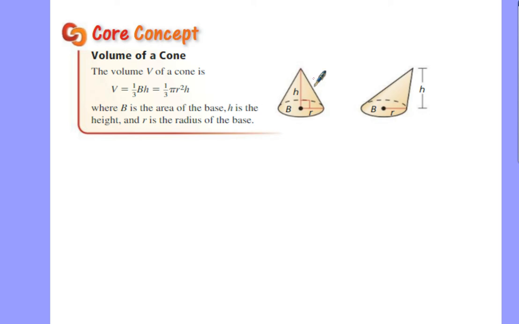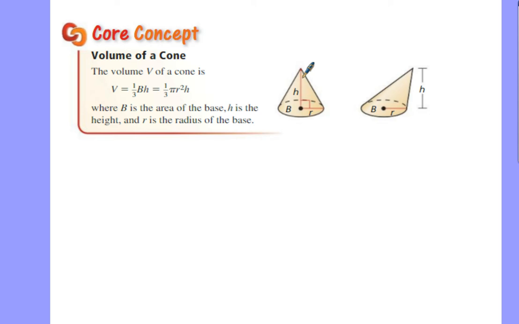So my question to you is, if I can resemble this cone in the same way I resembled my pyramid, I could take three of my cones to fill in what other solid that has the same area of the base and the same height? I challenge you to pause the video and think about it for a sec.